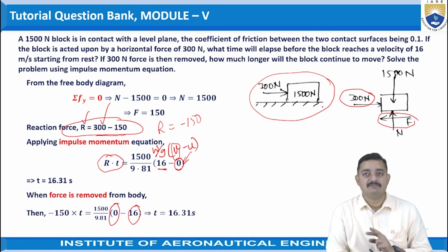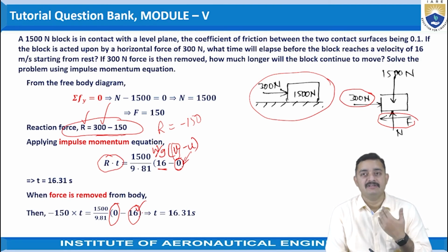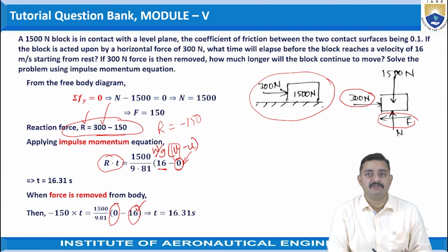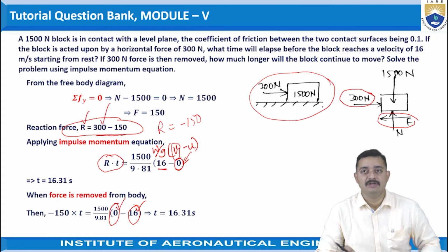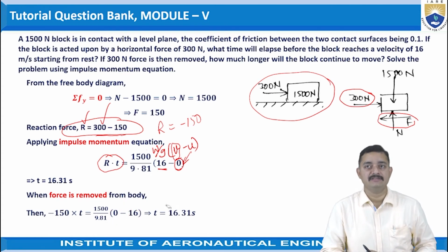So, in the second case, what is happening? Already the block has achieved a speed of 16 meters per second. So, that would be the initial velocity, and after traveling for a certain time, the block will again come to rest. That means the final velocity would be 0. Hence, it is taken as 0 minus 16.